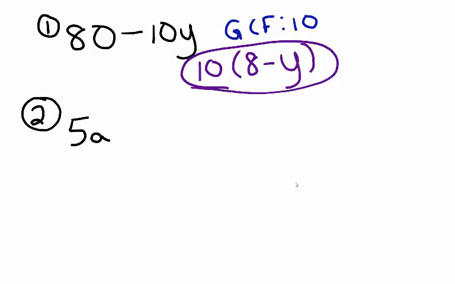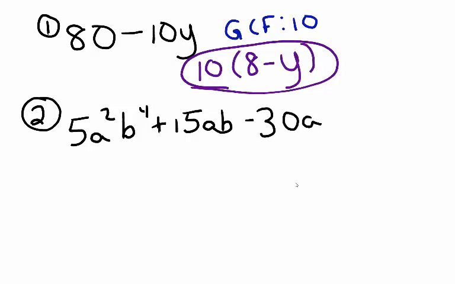Suppose we have 5a squared b to the 4th plus 15ab minus 30a. It might not be obvious what the GCF is just by looking at it. If you're not sure, you can break each term down into a product of its primes.